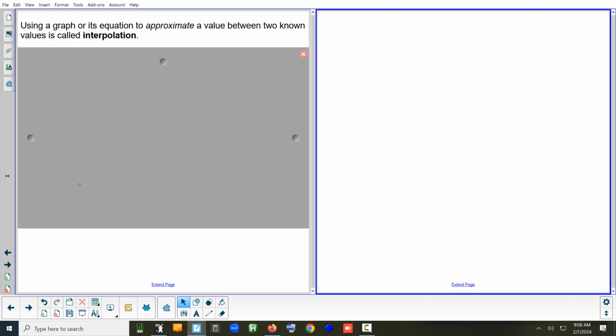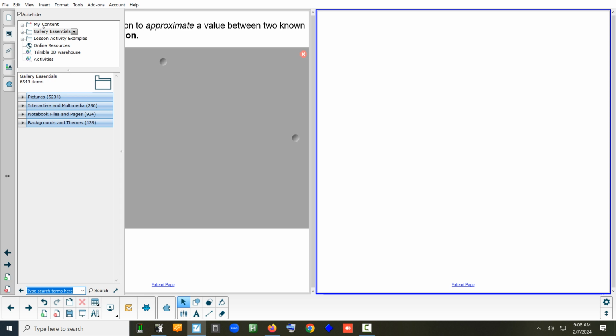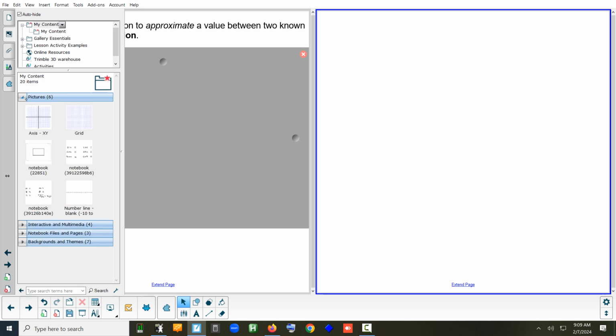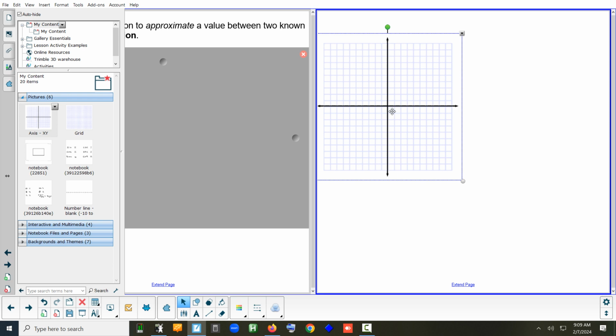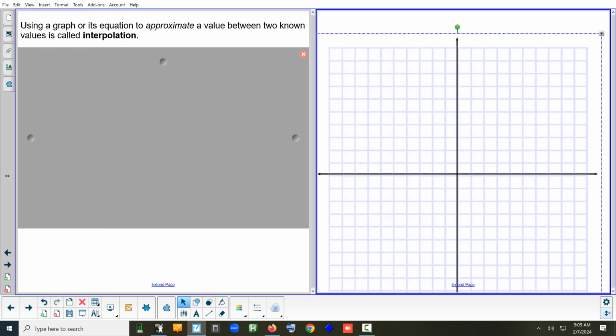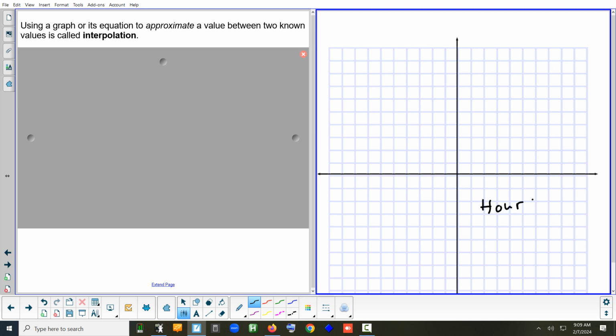So let's go like this. And let's say we use an example like we had before. I think we had one where there was somebody who worked a certain number of hours, and then how much money they made in dollars.